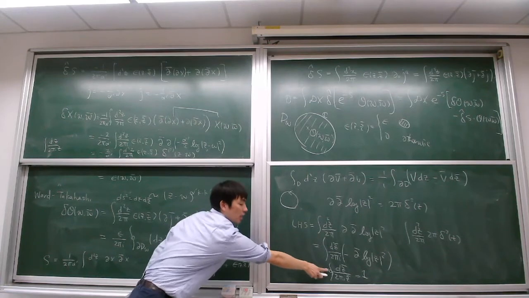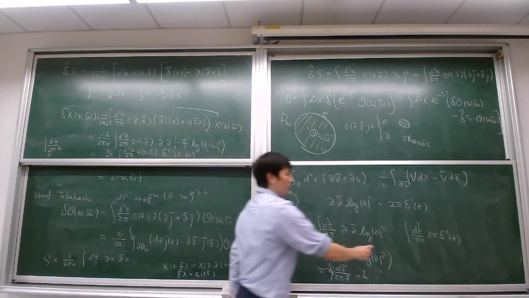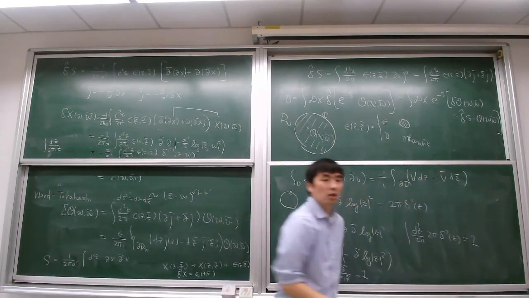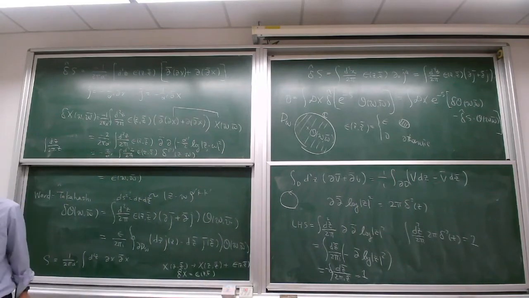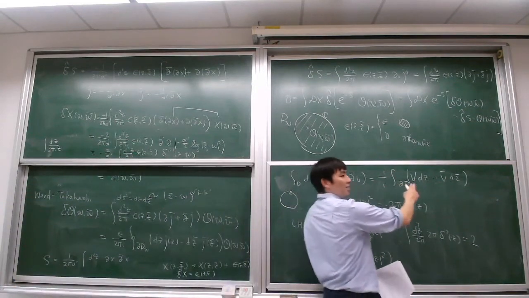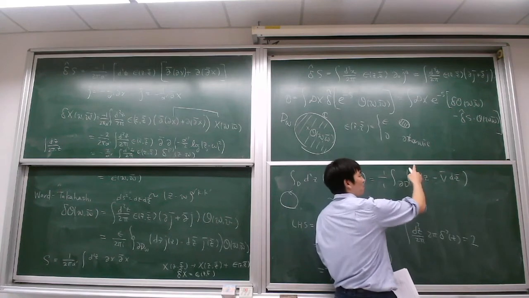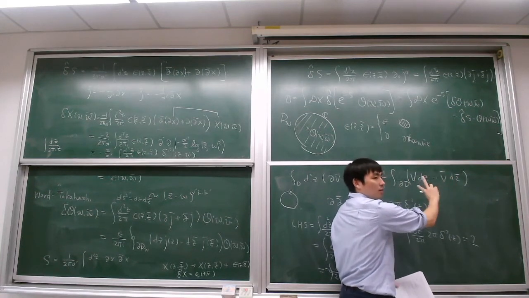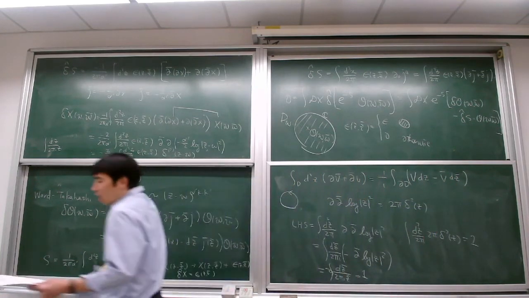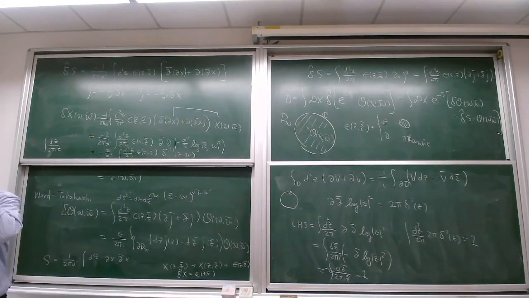Therefore, the minus sign cancels and you get 1. On the other hand, this is equal to just automatically 1 due to the delta function. Okay, that's how you get it. I think in the first half of the lecture I mixed up bar and without bar. I think I swapped. That's why I made a mistake.